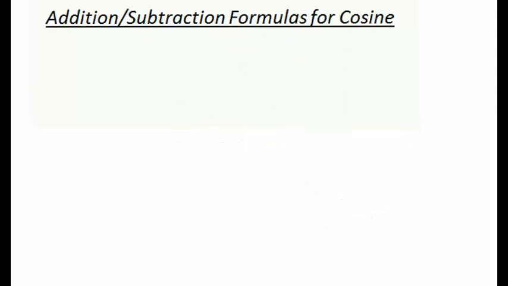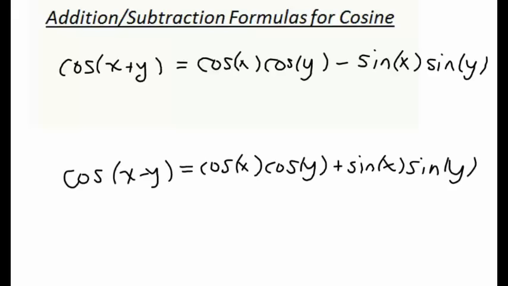Next up, I'd like to show you the addition and subtraction formulas for cosine. They look very similar to the addition and subtraction formulas for the sine function, but they have two big differences. The first one is that the addition on the inside of a cosine becomes subtraction on the outside.